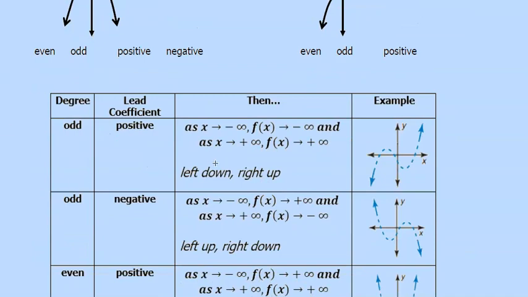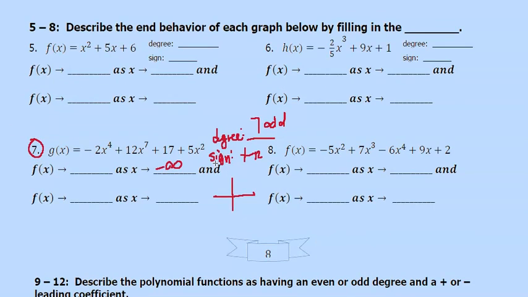That's this first one. So the graph will look something like that. So as x approaches negative infinity, f of x is going to be going down. As x approaches positive infinity, the f of x is going to be going up. Try the other 3 questions on this page, and then go to the next page.